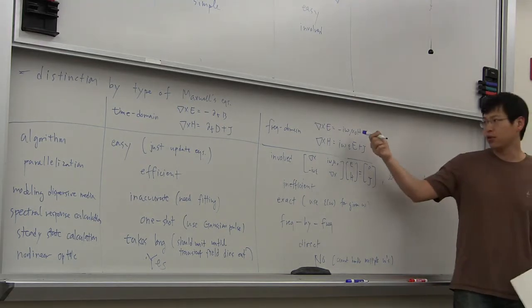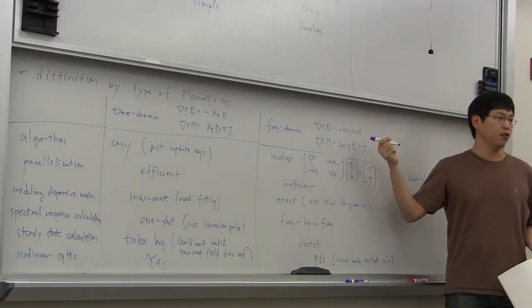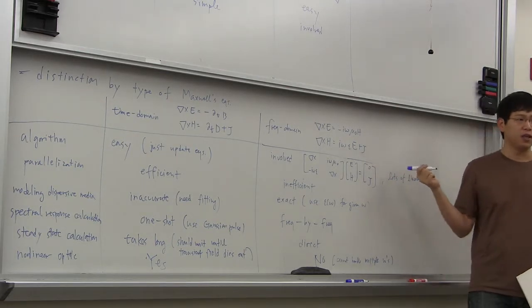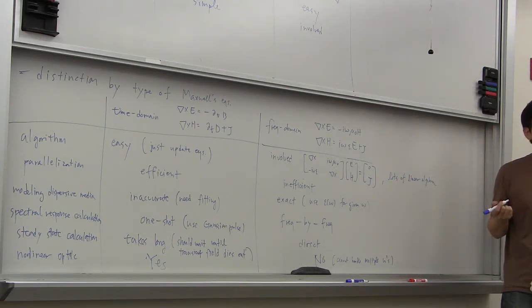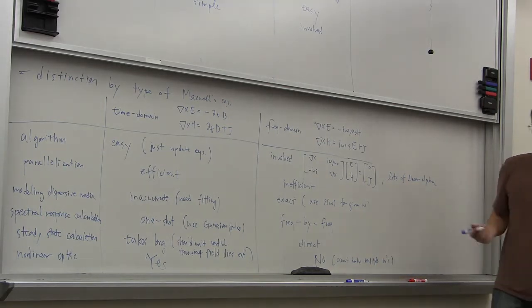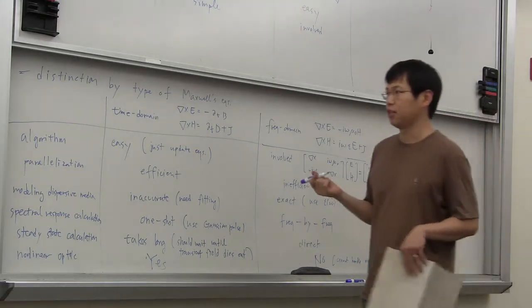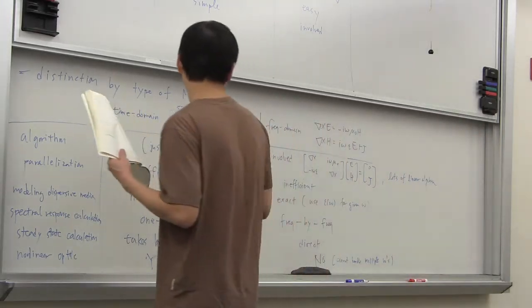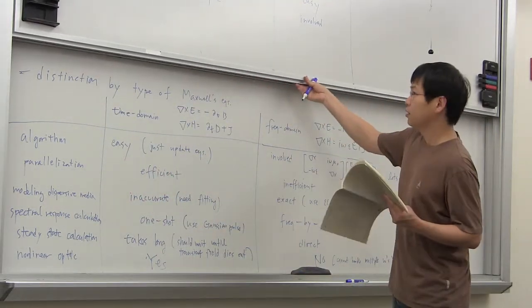You should fix the frequency omega in a frequency domain solver. But nonlinear optics usually involves some frequency conversion, things like that. So you cannot do nonlinear optics in a frequency domain solver.